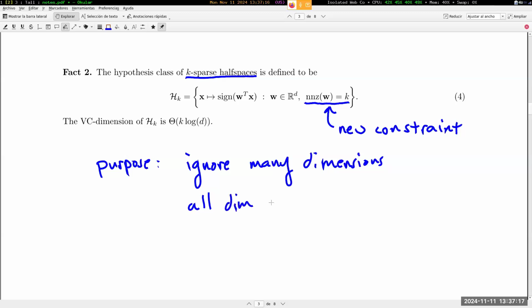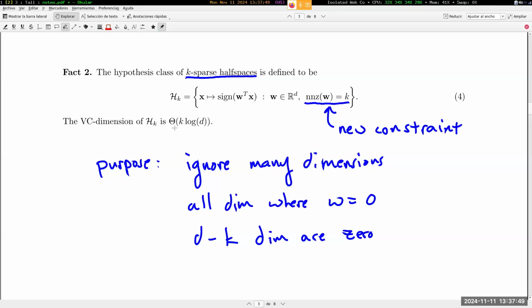Since w is d-dimensional and k of them are non-zero, d minus k dimensions are 0. When we do this multiplication, we'll have a 0 times the corresponding dimension in x, and so we will ignore those dimensions.